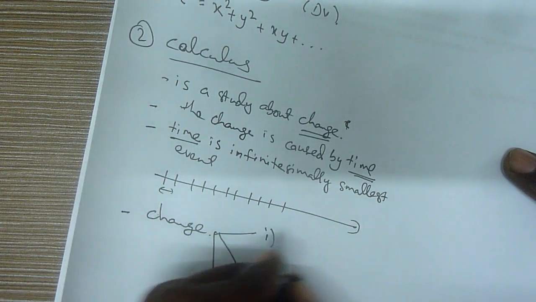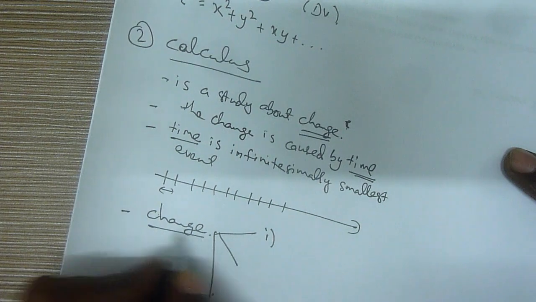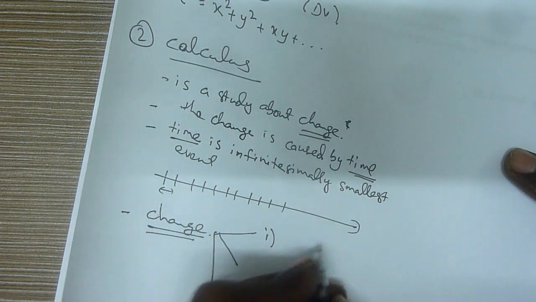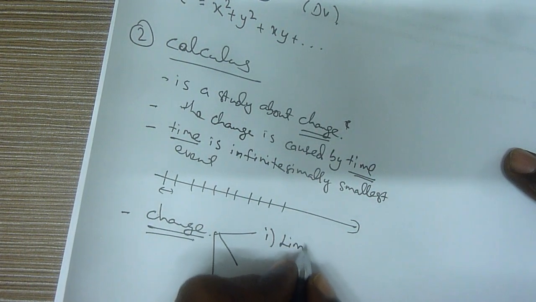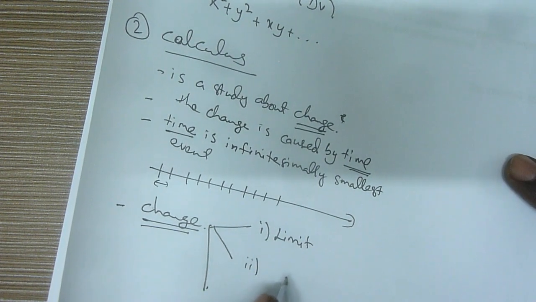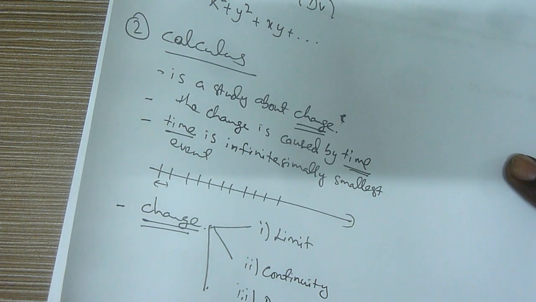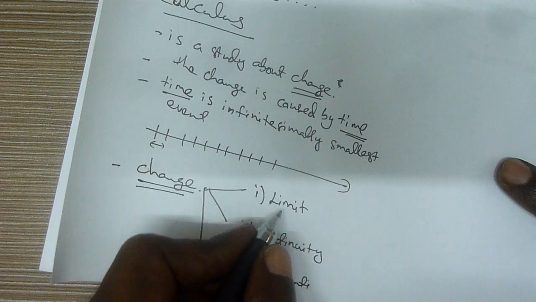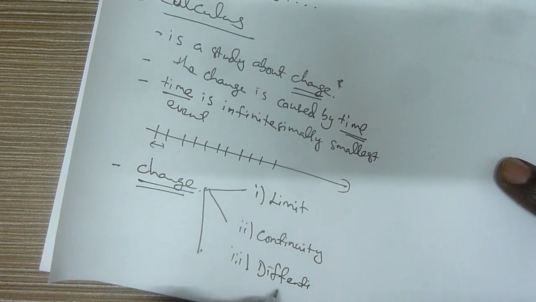Now, this change can only be precisely observed with the concepts called limit, continuity, and the third one is differentiation. We call it limit, continuity, and differentiation.